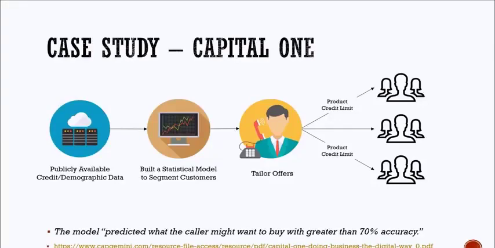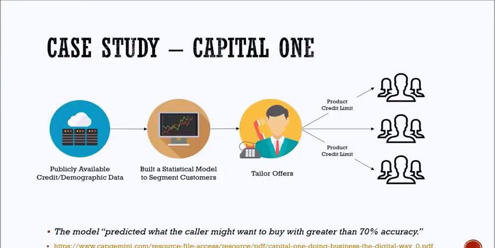So in this case, as a customer calls in, or as they call a customer, right before that customer even says hello, that model's running in the background against that customer's information, and they're figuring out, okay, based on what we saw in the past and based upon who this customer is, we think they are most likely to buy this type of product, and we ought to offer them this type of credit limit.